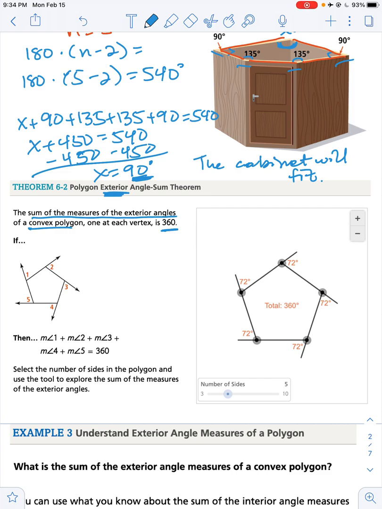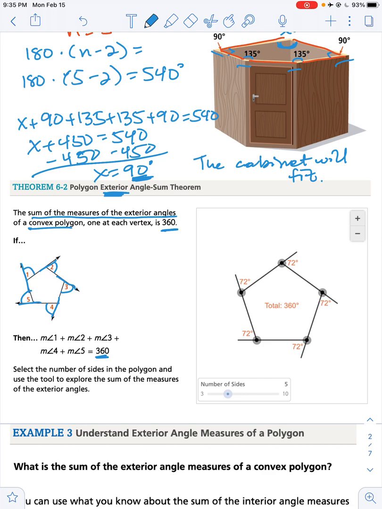That means that if I take each vertex of my shape and extend the side so that I have an exterior angle for each side, here's one angle, here's an exterior angle, here's an exterior angle. I'm talking about the angles that are made on the outside by extending the side. If I add those all up, they're always going to end up adding up to 360.